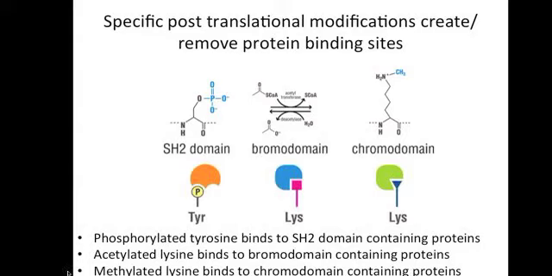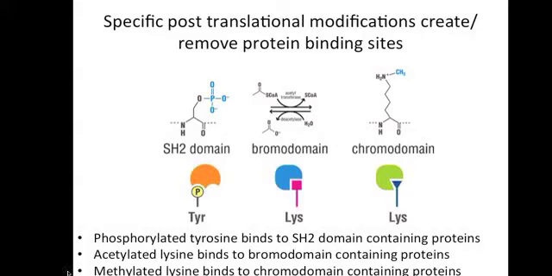When that tyrosine is not phosphorylated, the SH2 domain containing protein won't bind to it. This is what I'm showing here: your protein with your tyrosine sticking out, then the phosphate, which allows some other protein to bind here. If it's missing that phosphate, it won't bind. There's a level of regulation there.